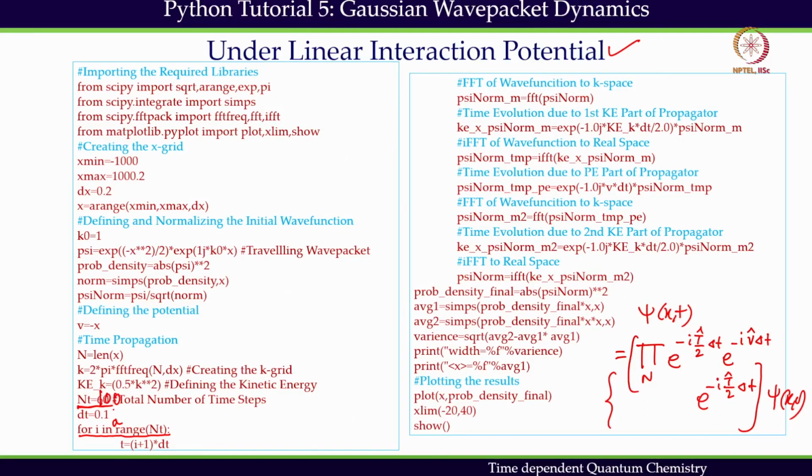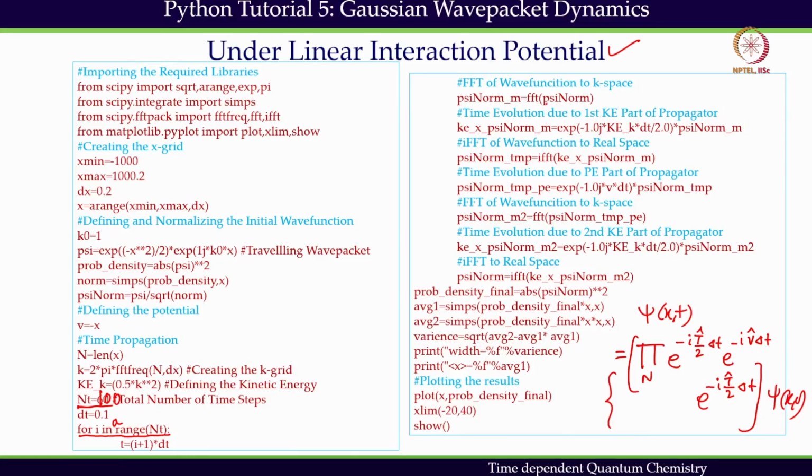We want to keep it 100 because then we can compare what happened at 100 atomic units of time. So what happens to that wave packet for the same time evolution? We can compare it to the free particle evolution.